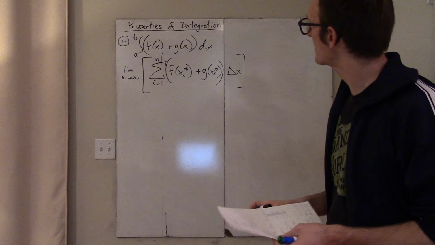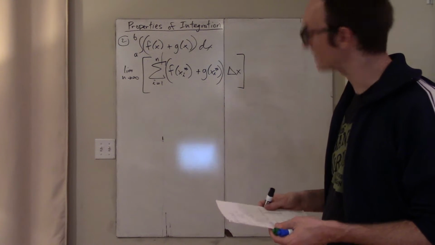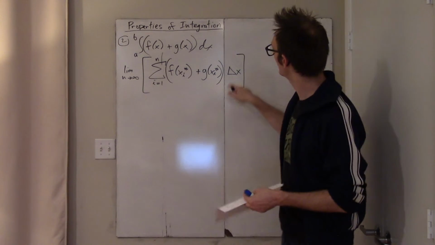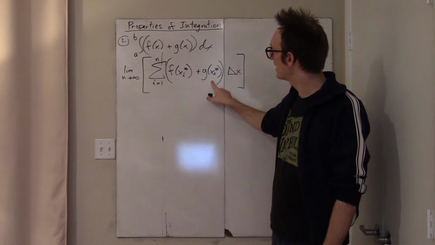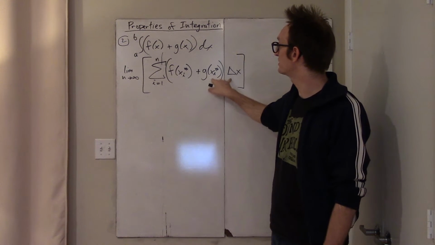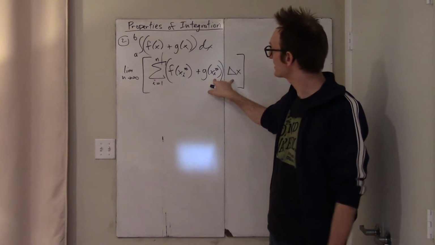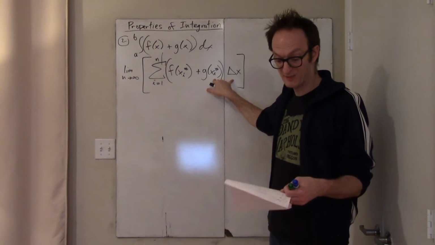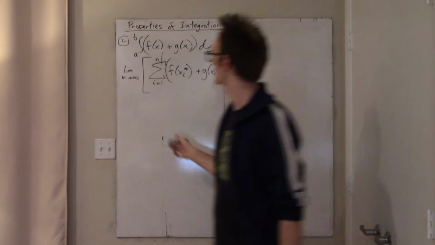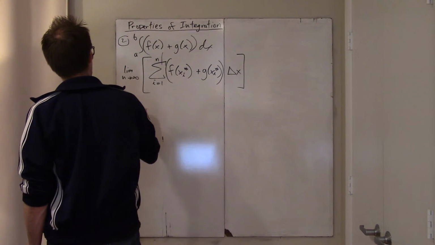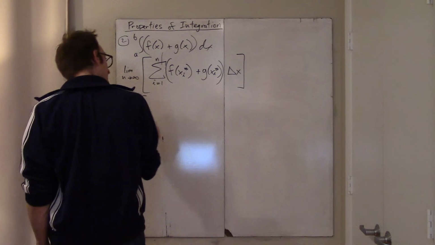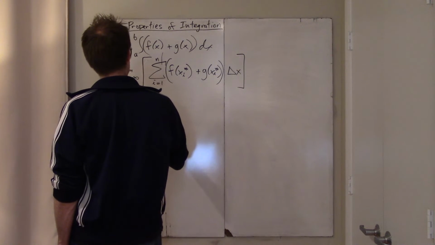Well, here suddenly it seems just clear to me what to do. I can distribute this delta x through these two terms, giving me two things which I interpret as areas, and then those can be split up using properties of summations. If I show too many steps, it gets kind of boring, so I'll skip around a little bit just to keep it lively.